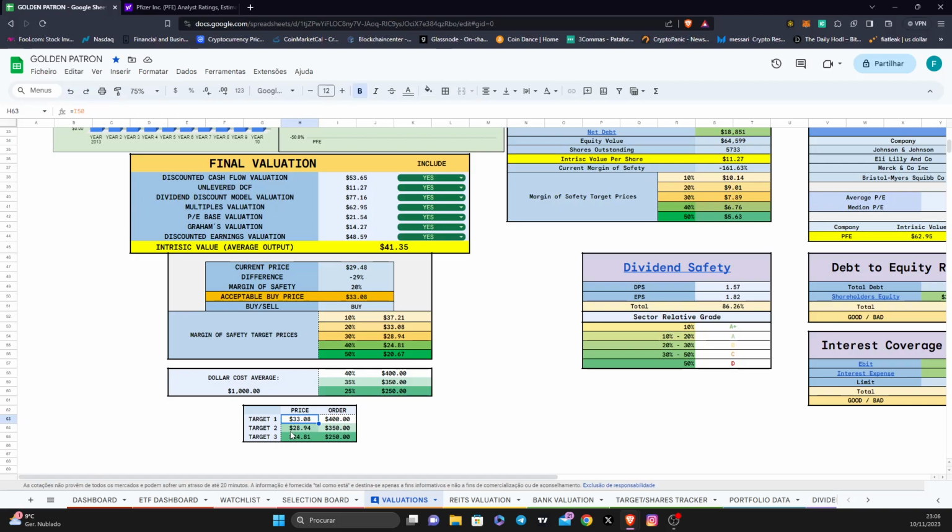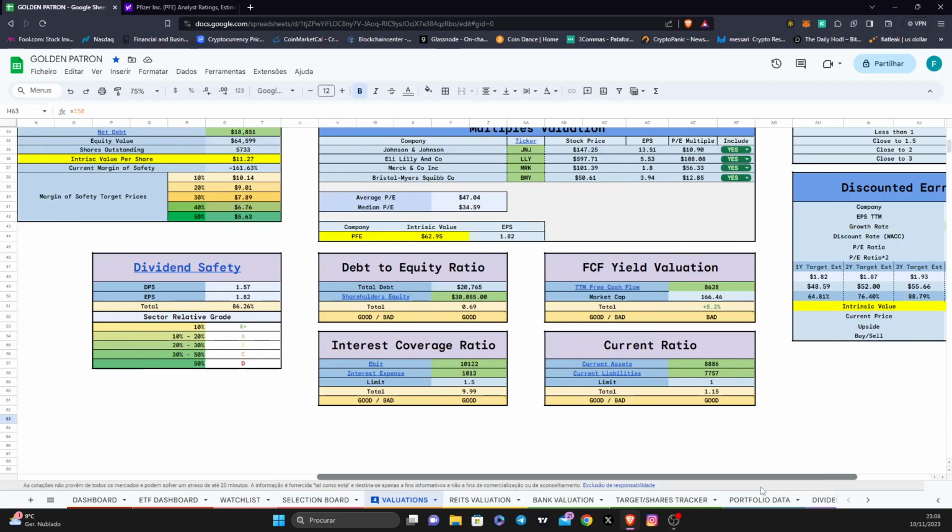And if my target 3 hits, if the price comes to $24, I will put $250. That's how I do it. I like to do dollar cost averaging. I don't like to put it all in at once, because you never know. There's a lot of fundamentals going on that could, doesn't mean the price should go down, but it could, kind of thing.